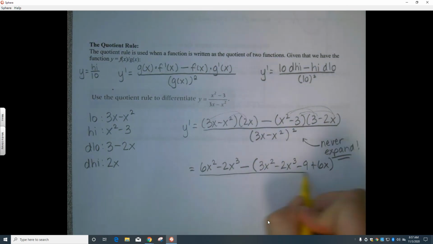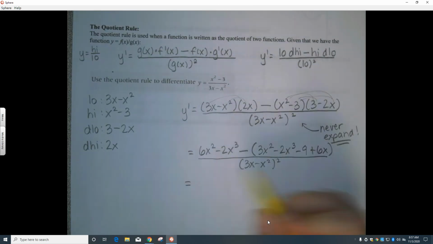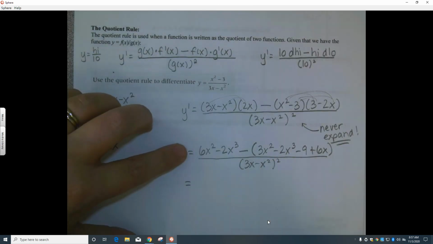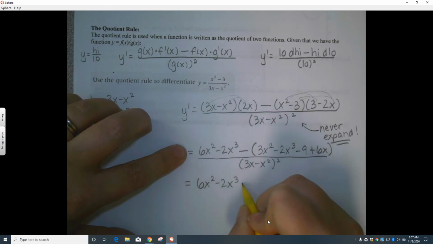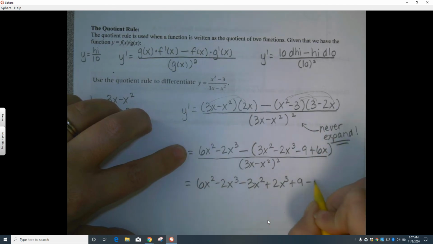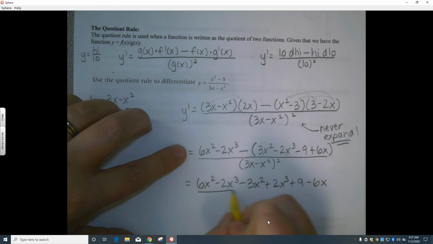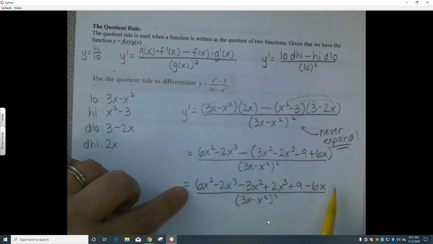Now, first off, I don't want to forget that I do have a bottom that I'm going to just keep writing in, never expanding. So I'm going to go ahead and distribute this negative, and then I'll combine my like terms. So minus 3x squared plus 2x cubed plus 9 minus 6x. So now combine my like terms.